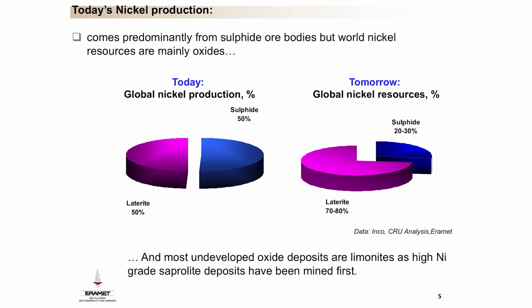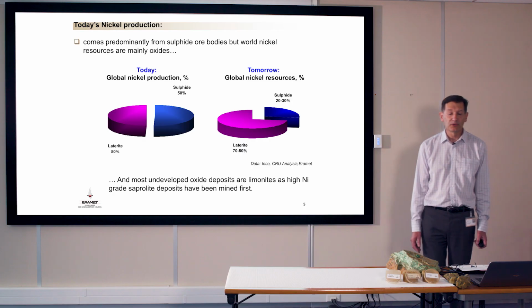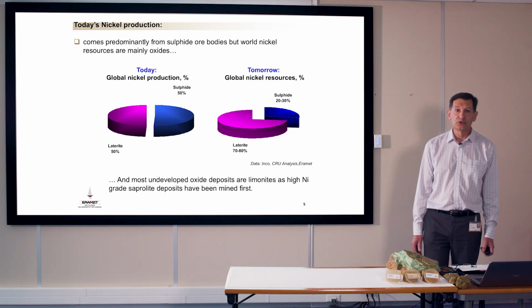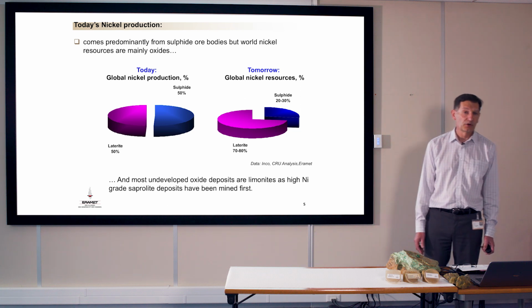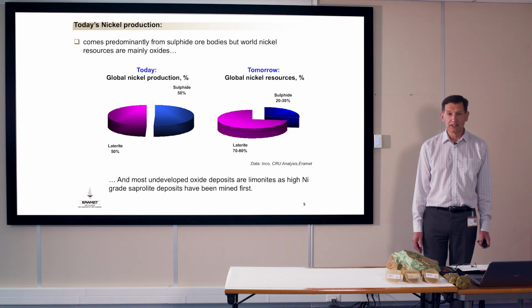In this graph, you can see that present production of nickel is mainly coming from sulfide ore. More than 50% of nickel is produced from sulfide ore, and the other 50% from laterite.